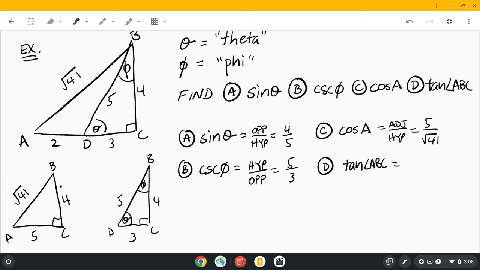The tangent of that would be this angle right over here, angle ABC. Tangent is opposite over adjacent. Here's the angle, opposite would be 5, adjacent would be 4.